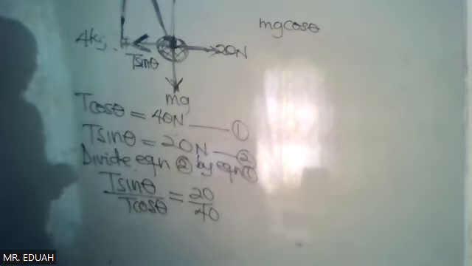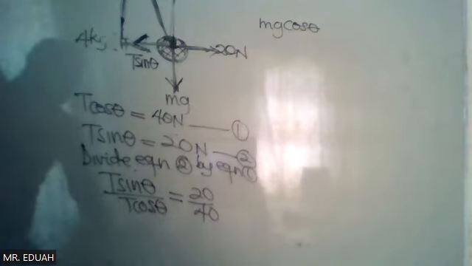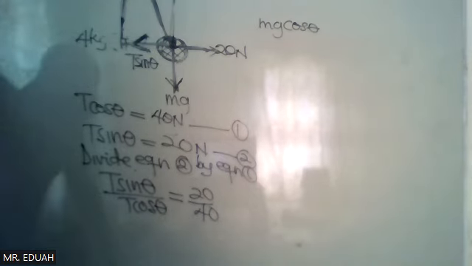Somebody may ask, why not equation 1 by equation 2? Because we know the ratio of sine and cosine is equal to tangent. So that's the reason why we are dividing equation 2 by equation 1.